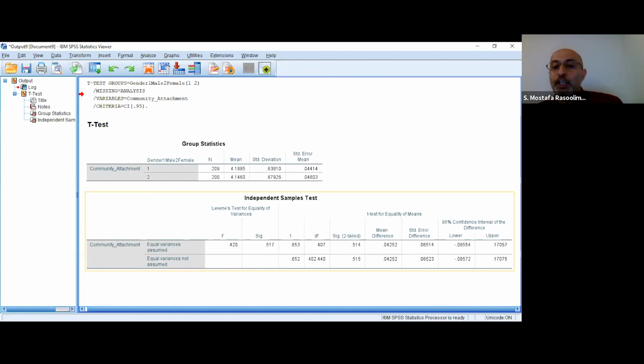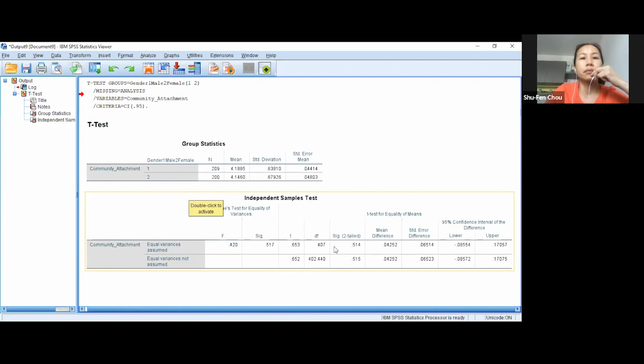For the first assignment, you need to report the result and interpret. For example, here, if we get a significant difference between male and female, right? And 1 is male and 2 is female. Here, the mean difference is positive. But instead of 0.04, for example, we get 0.42, right? And positive. And the result is significant.